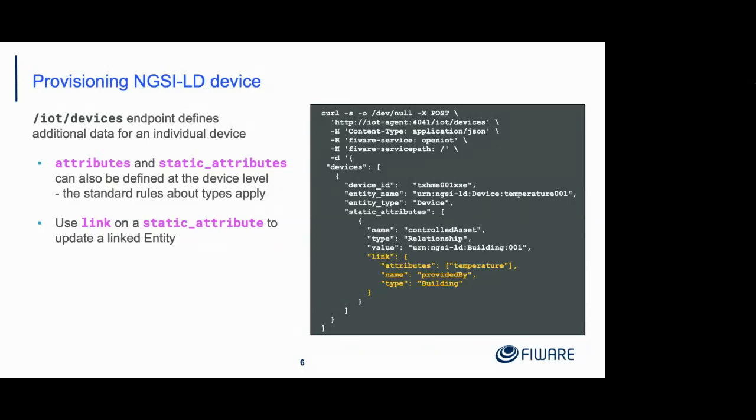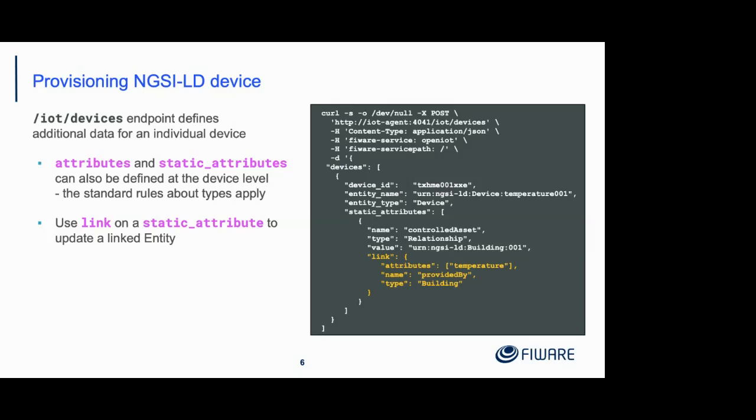So let's make it a proper URN, and you can put your URN into the device, temperature 001, which if you don't define an entity name, it will give you a URN based on the entity type. So that would be urn:ngsi-ld:Device: and then whatever it was above. But ideally, when you're talking about individual devices, you can actually map them directly to proper URNs.